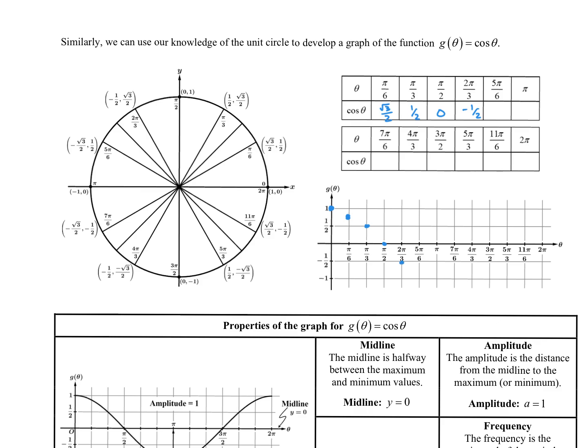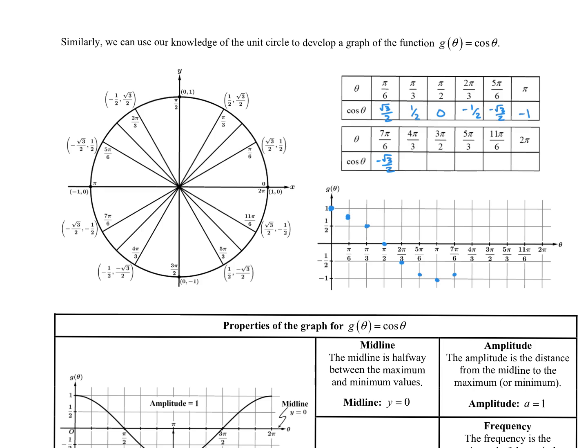All right, and then at 5 pi over 6, where are we at? Negative square root 3 over 2. All right, because I went left again, but it's more negative. And then at pi, where are we at? Negative 1. We're on our axes. All right, so there's halfway. All right, keep going. So now it's 7 pi over 6. So what's the sine, or cosine, I'm sorry, cosine of 7 pi over 6? Negative square root 3 over 2.